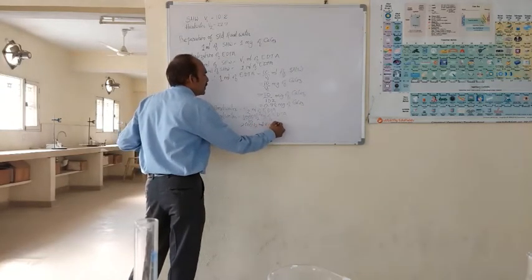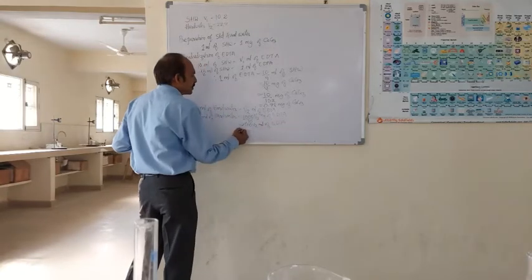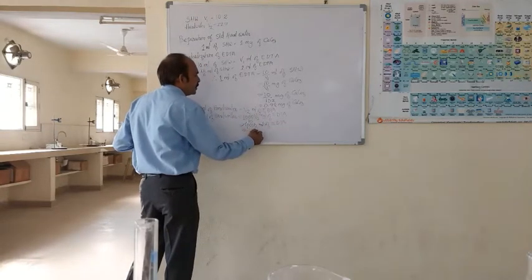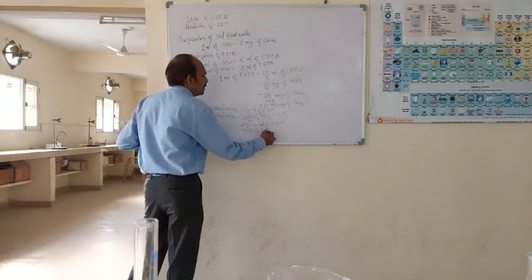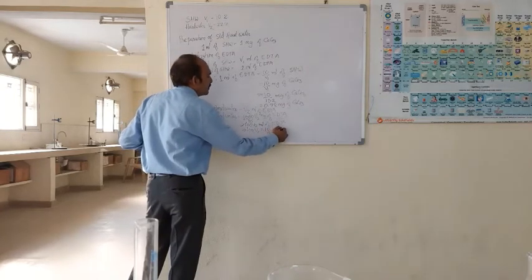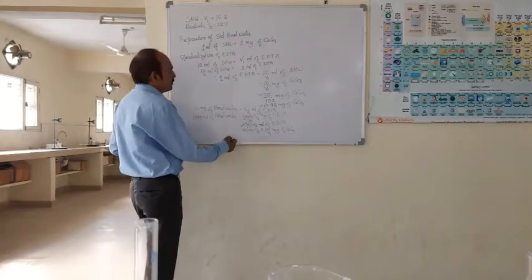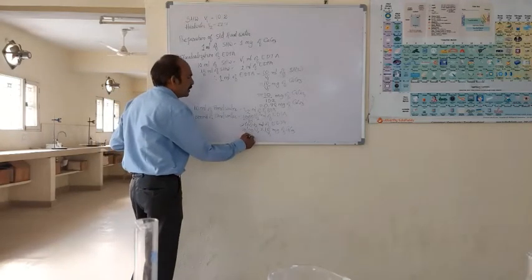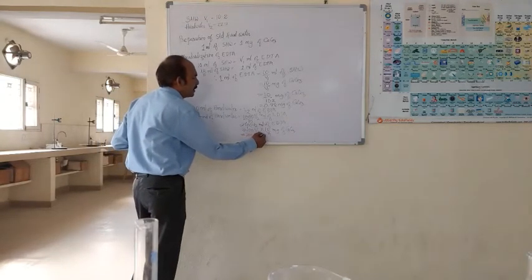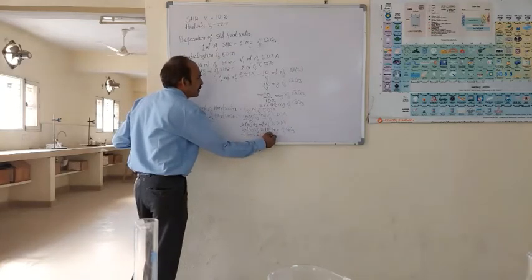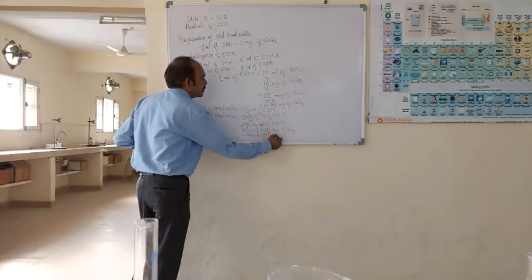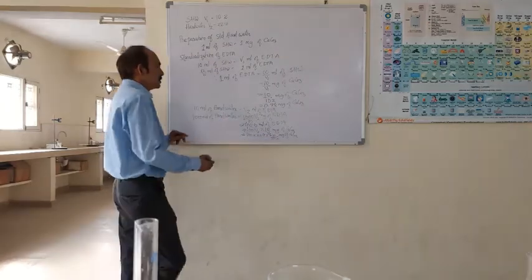But we know that 1 ml of EDTA is equal to 10 by V1 mg of CaCO3. So when we substitute the value of V2, 100 into 22.9 into 10 by 10.2 mg of CaCO3 is 2244.